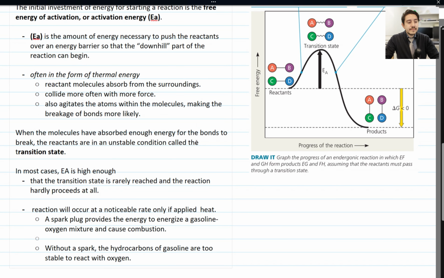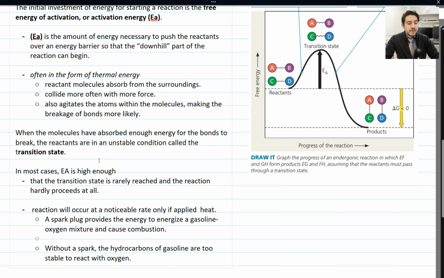And when you're getting enough energy, when you're reaching that point of the energy of activation, which is shown here as that highest point in this little graph of free energy, the molecules enter what is called a transition state.